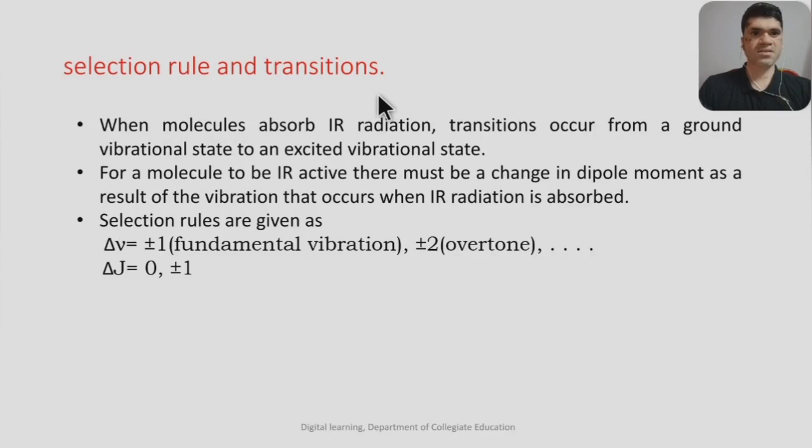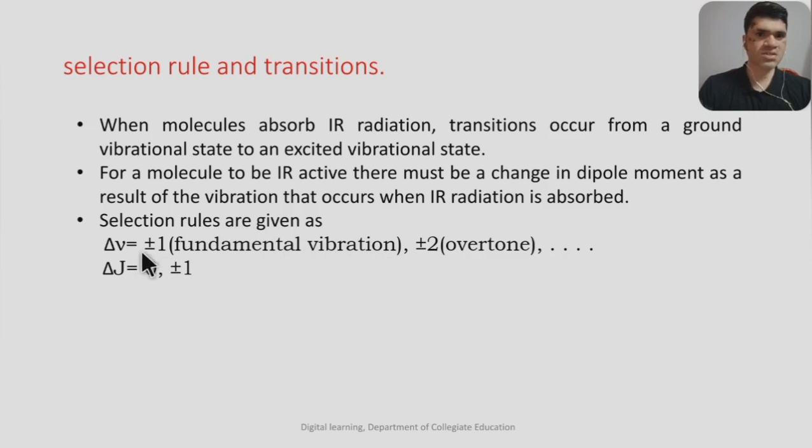Selection rule and transitions. When a molecule absorbs IR radiation, a transition occurs from the ground vibrational state to an excited vibrational state. For a molecule to be IR active, there must be a change in dipole moment as a result of the vibration that occurs when IR radiation is absorbed. The selection rule is delta V equal to plus or minus 1 for fundamental vibration.